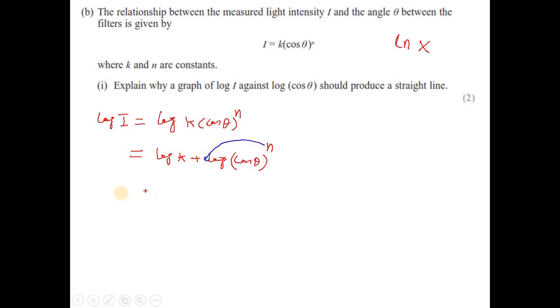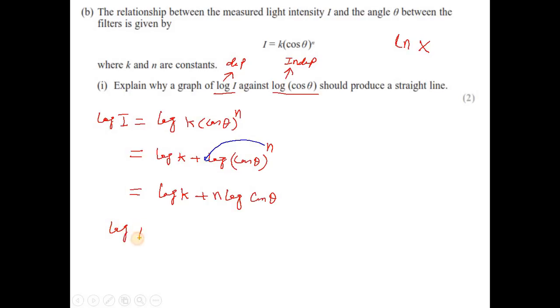So we can say that log of I is equal to log of k plus n log of cos of theta, because we need to plot a graph of log of I against log of cos theta. So this is our dependent variable and log of cos theta is the independent variable. So you need to rearrange this equation as y equal to mx plus c.